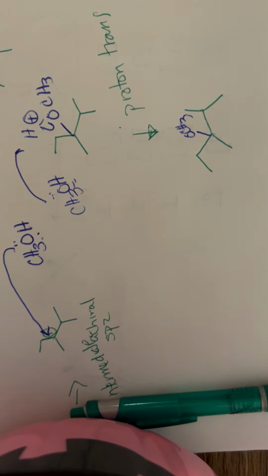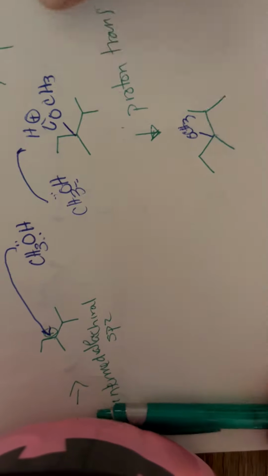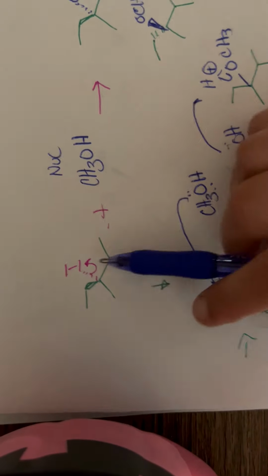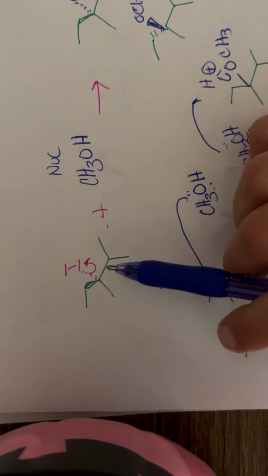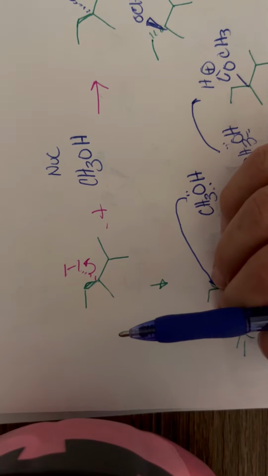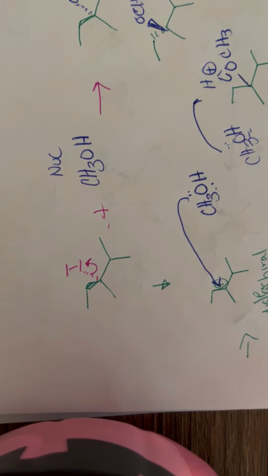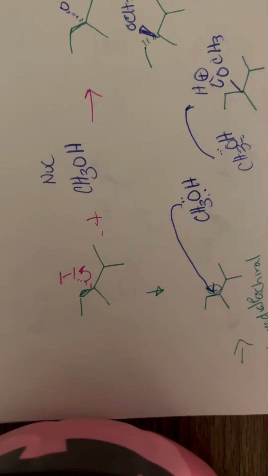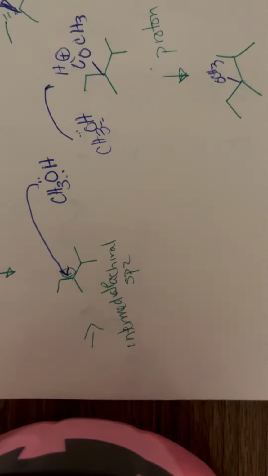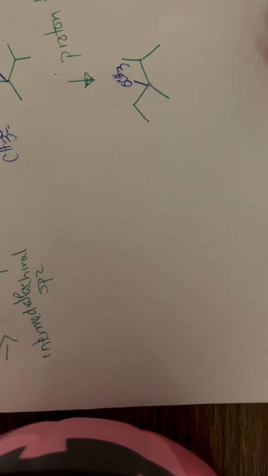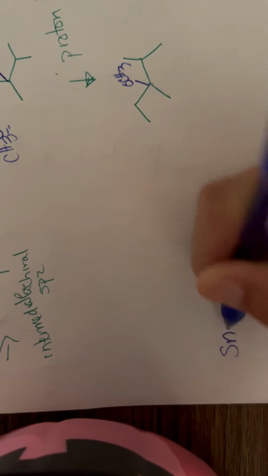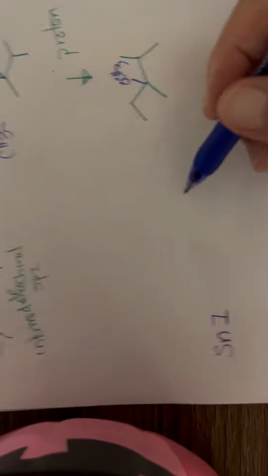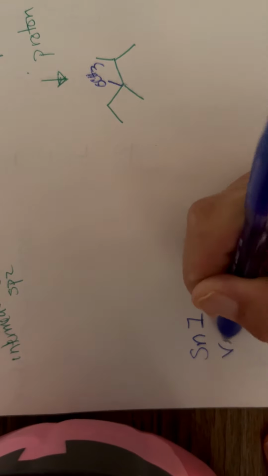So that's the difference between SN1 and SN2. In SN1, this is my rate limiting step. I need to have that leaving group leave. Nothing happens if that leaving group doesn't leave. So when I look at my pieces for an SN1, I need a very good leaving group.